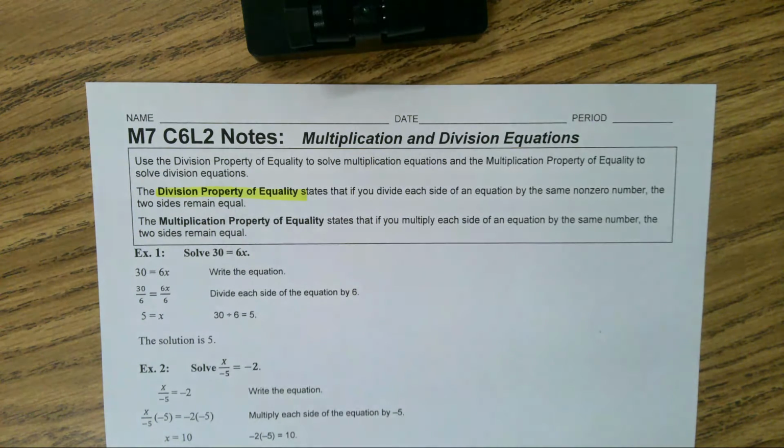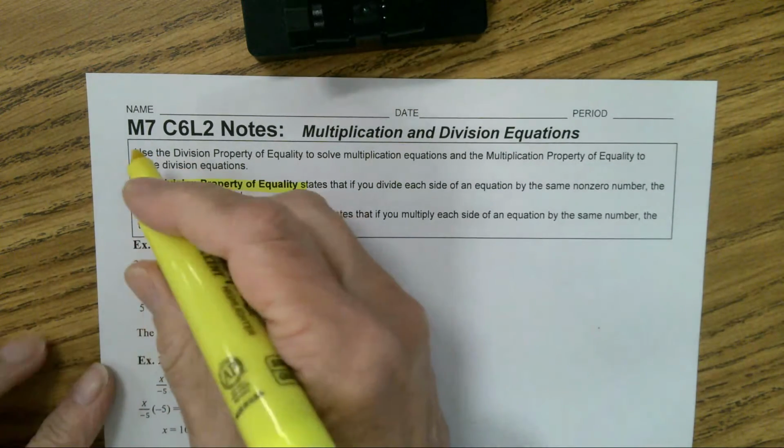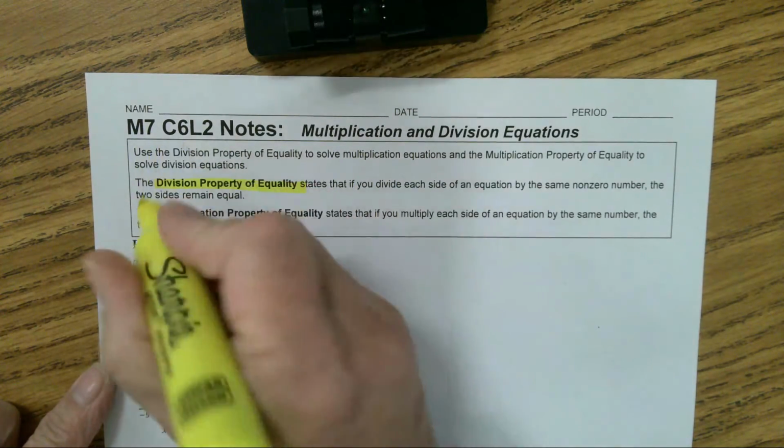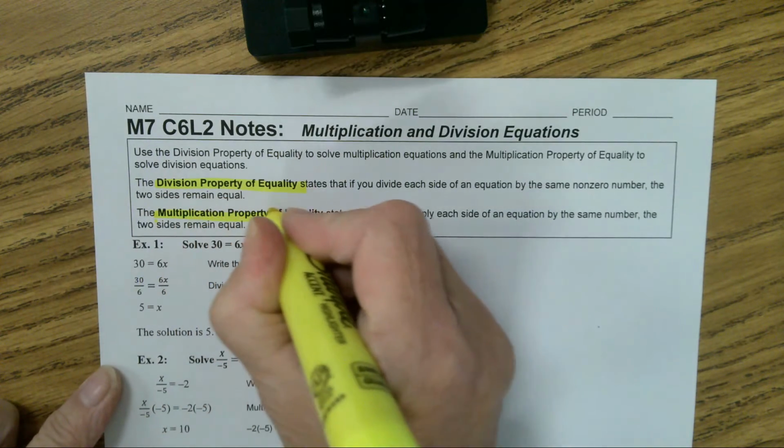It's balancing the equation. The multiplication property of equality states that if you multiply each side of an equation by the same number, the two sides remain equal. In other words, you are balancing the equation when you are using these properties correctly.